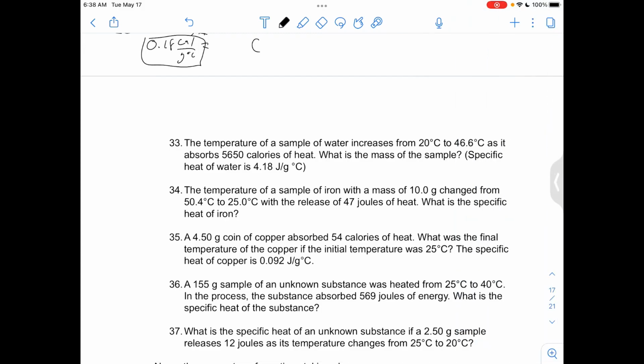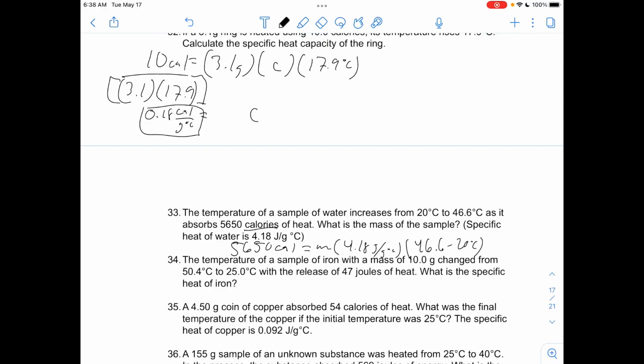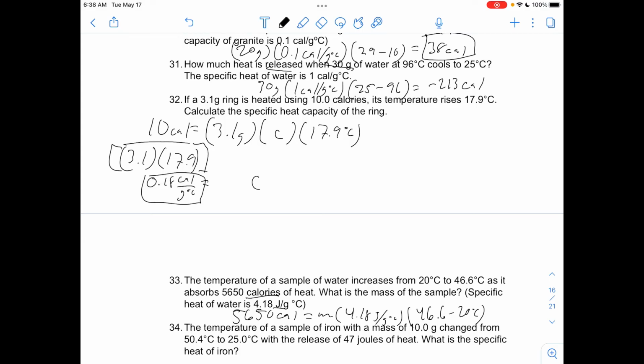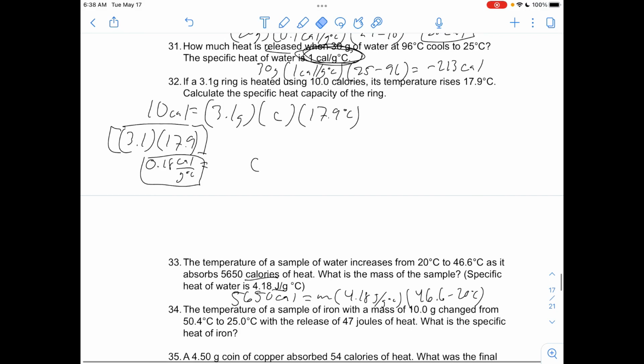Okay, moving along. The temperature of a sample of water increases from 20 to 46.6 degrees Celsius. We have 5650 calories of heat. We're looking for mass this time. Specific heat is 4.18 joules per gram degree Celsius. Actually, for this problem, notice since we have calories and joules, I cannot use this value. I need to use the specific heat of water in calories, which is 1 calorie per gram degree Celsius.